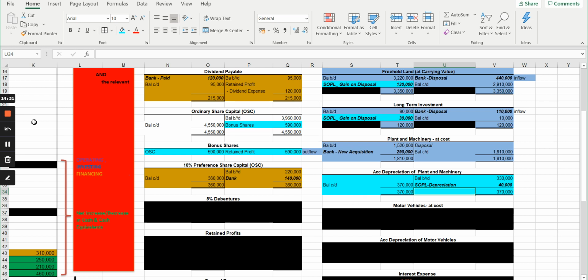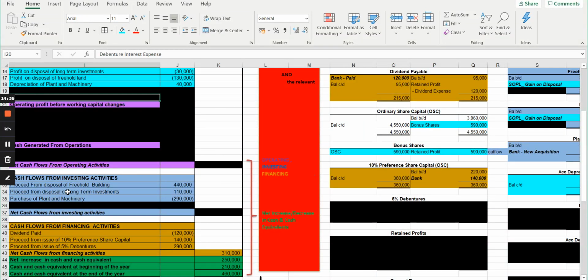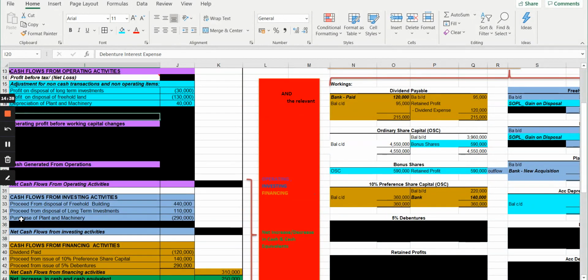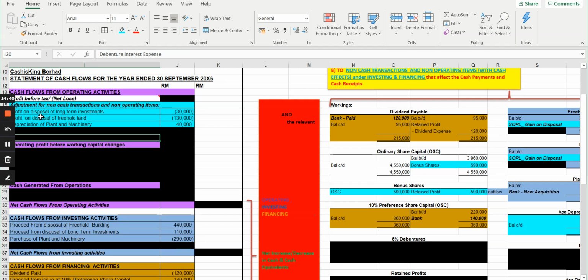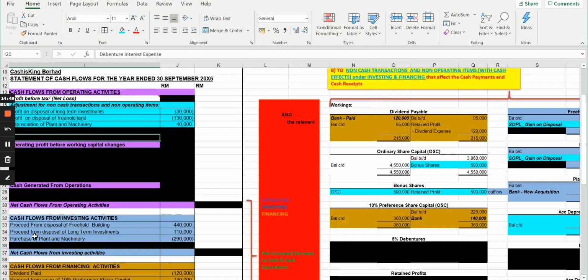Right. So we have done that and put it inside our cash flow statement under our operating activities. As I say, as you get the answer for your investing, you can also get your answer for your adjustment for non-cash transactions and non-operating items under your operating activities. You can do that concurrently, because if you keep on delaying it, you might tend to forget it altogether.